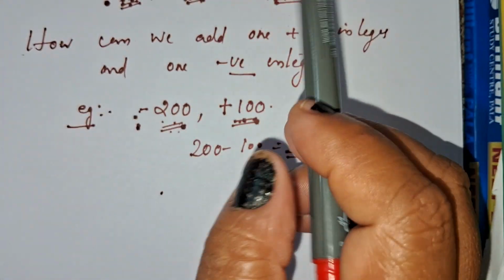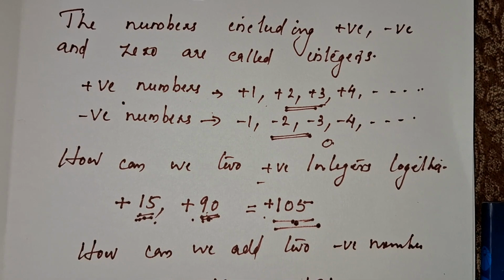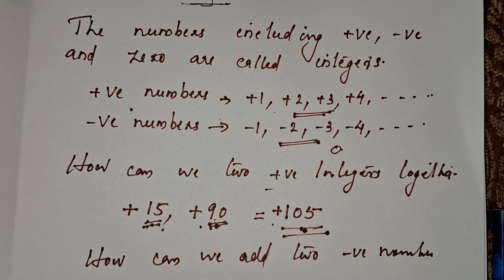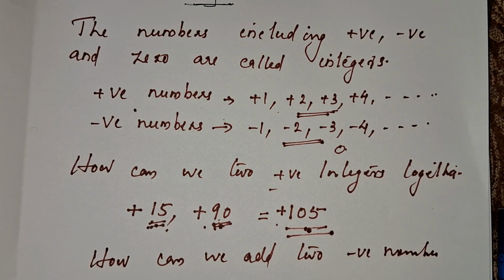Once more, the integers. What are integers? The numbers including positive, negative and 0 are called integers. What are positive numbers?